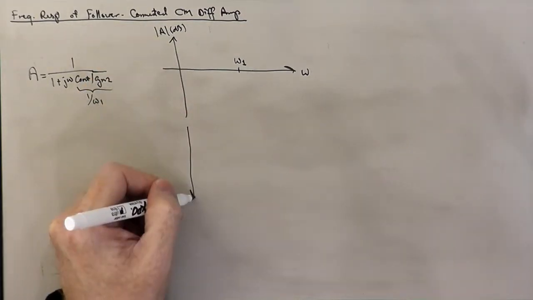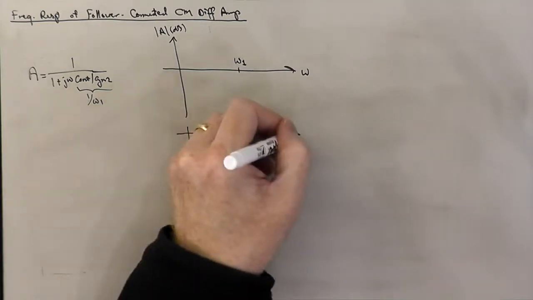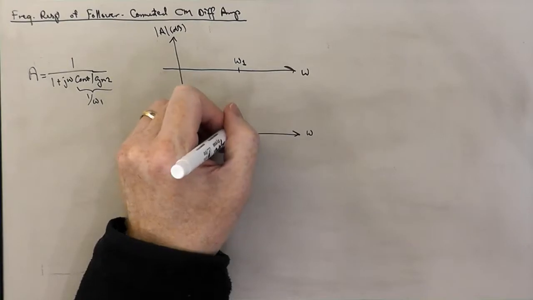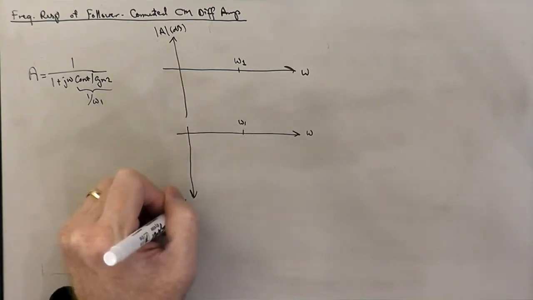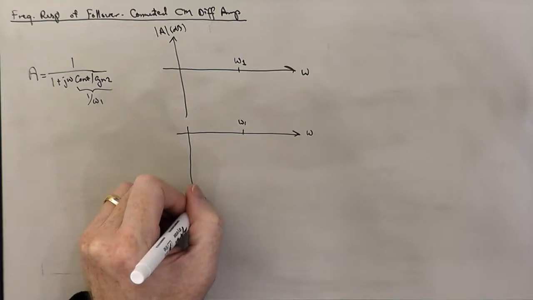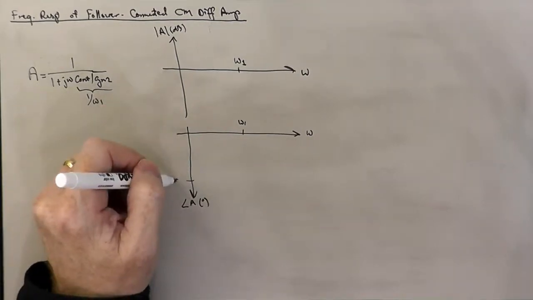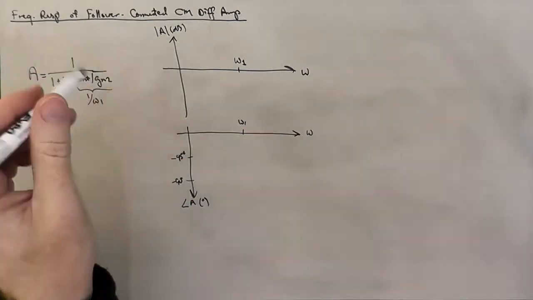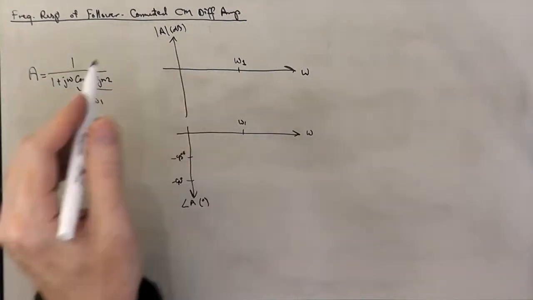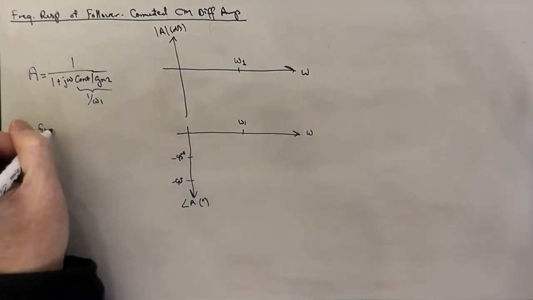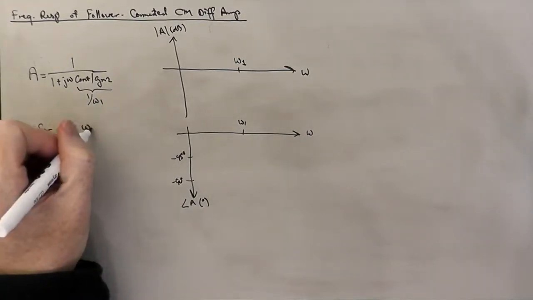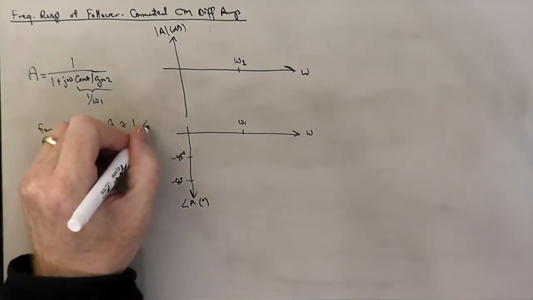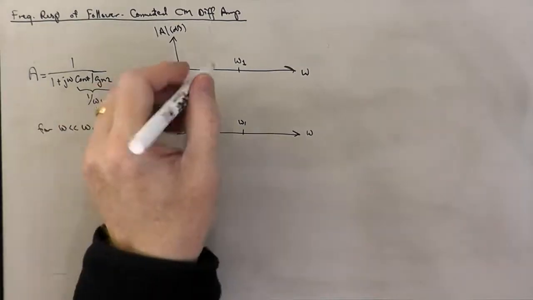And we plot the angle in degrees. At low frequencies, omega much less than omega 1, A is about 1 angle 0. So it's real and it's unity.